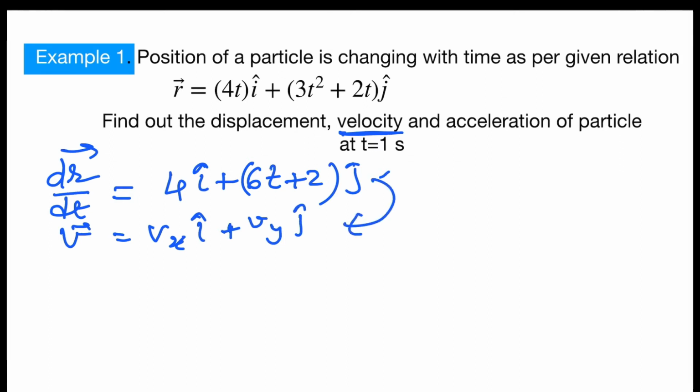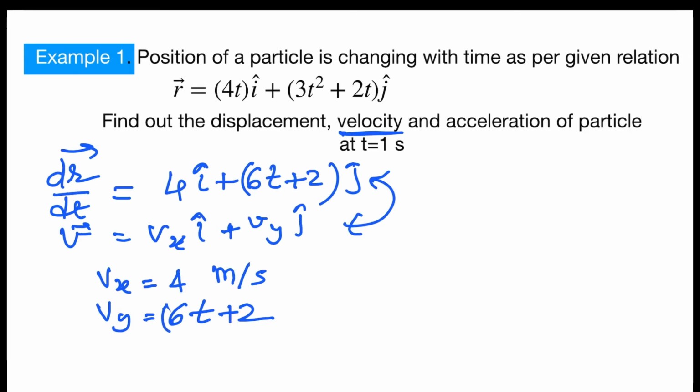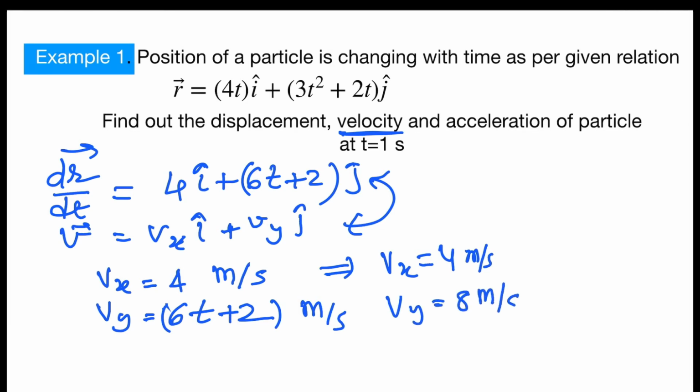When you compare these two equations, vx equals 4 and vy equals 6t plus 2. So the x component of velocity is a constant 4 meter per second, and the y component of velocity is variable with time. So at t equal to 1 second, vx will remain 4 meter per second and vy will be 8 meter per second.